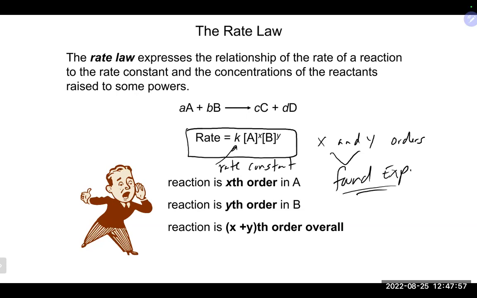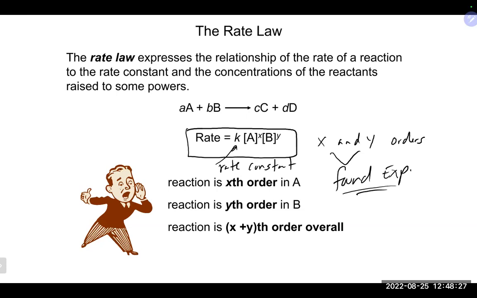What are the orders of the reaction? Well, you can think of it as the proportion of those reactants that you need to maintain a specific rate for that particular reaction. Kind of like when you make a dozen cookies, you've got to throw in so much flour, so many chocolate chips, to get a dozen cookies out. Same idea. You need the right proportions of A and B in this example to maintain a specific rate.